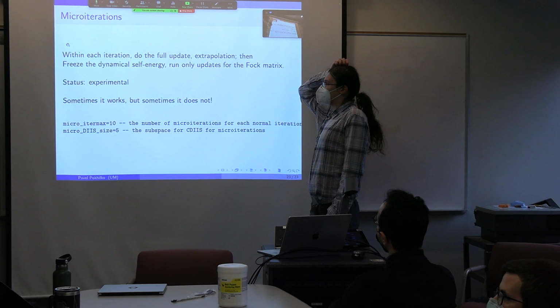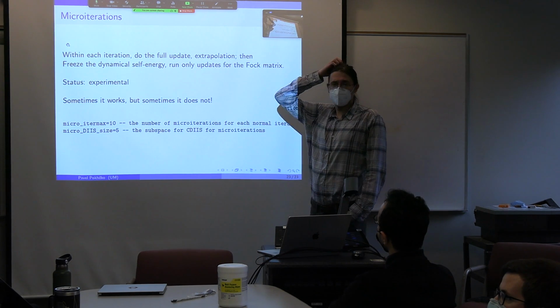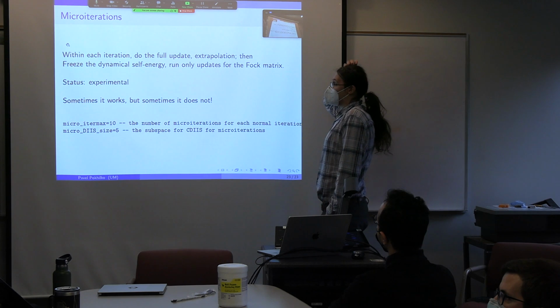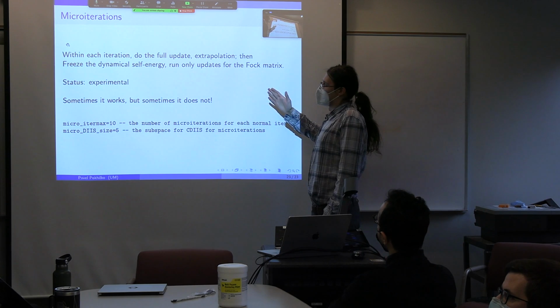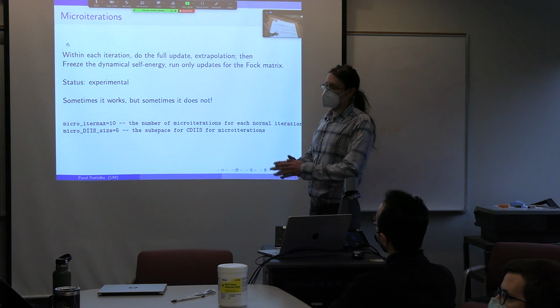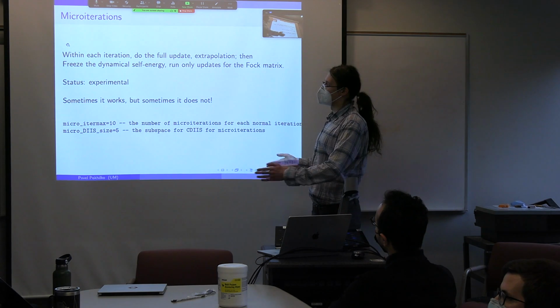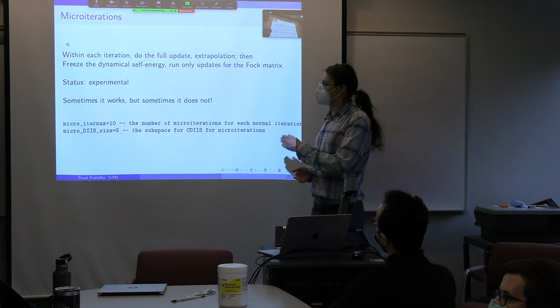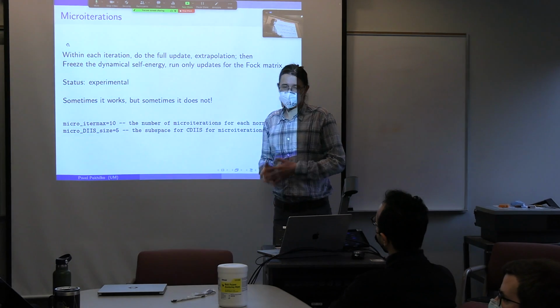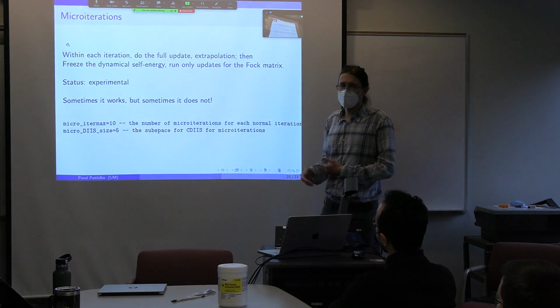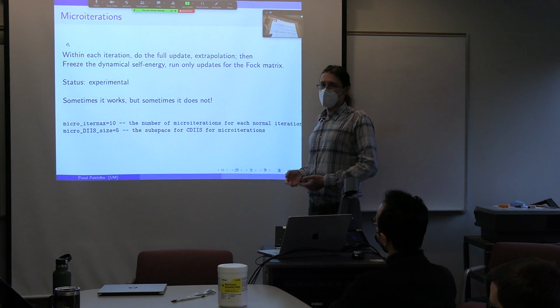So, and finally, this is a highly experimental feature with micro-iterations. So what it does, first it does a full update, does extrapolation, and then it does a bunch of cheap iterations where the dynamical part of the self-energy is frozen and the updates come only to the Fock matrix.